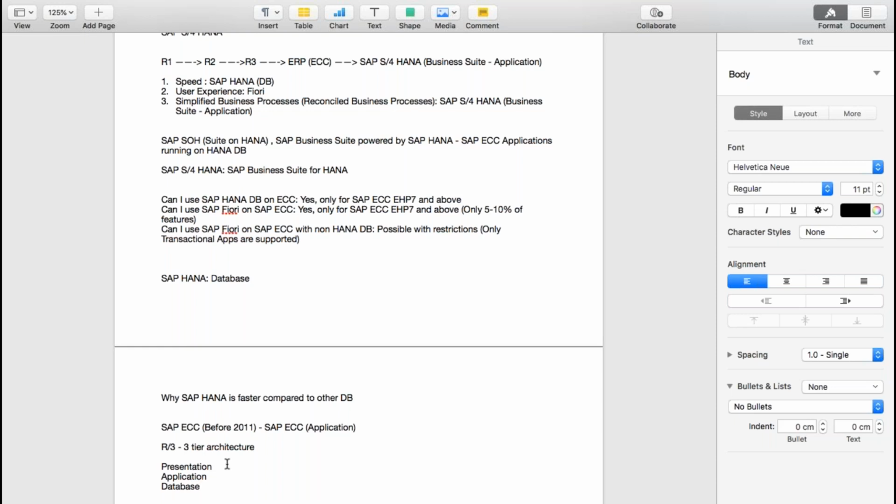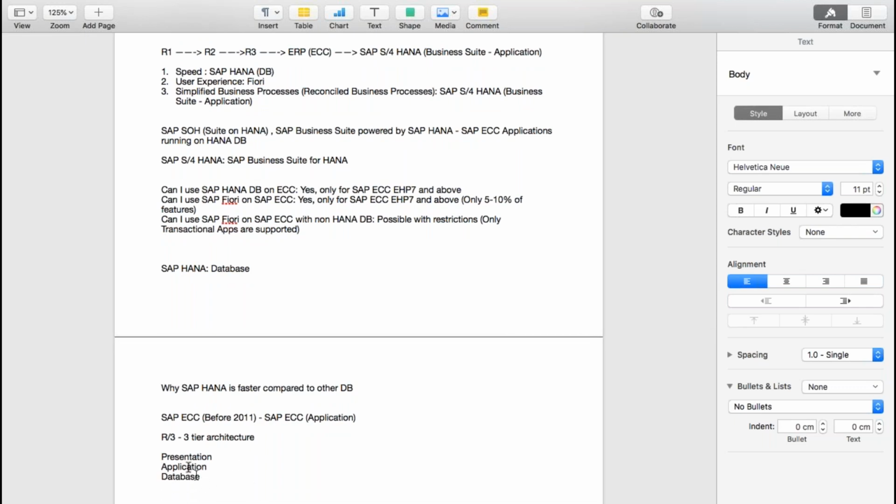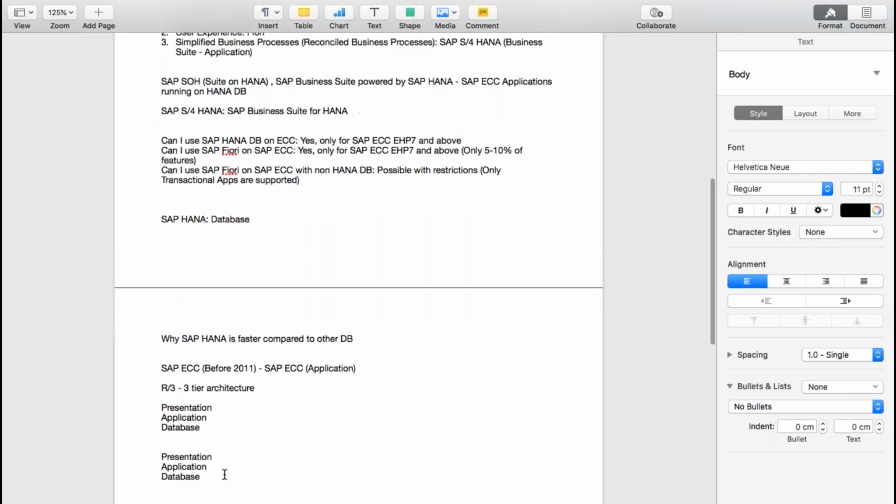Now if we talk about SAP terms, let's try to compare this with ECC and S4HANA. Can you tell me in ECC what was our presentation server, application server, and which was our database? Presentation was obviously supporting only two things, computers and laptops. It was not supporting tabs, it was not supporting mobile devices. And we were connecting through SAP Logon Pad. It is only possible to connect to SAP ECC using Logon Pad, right?